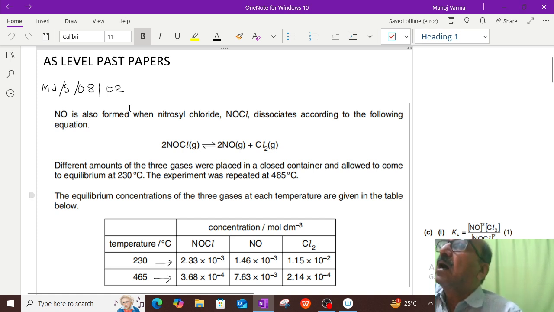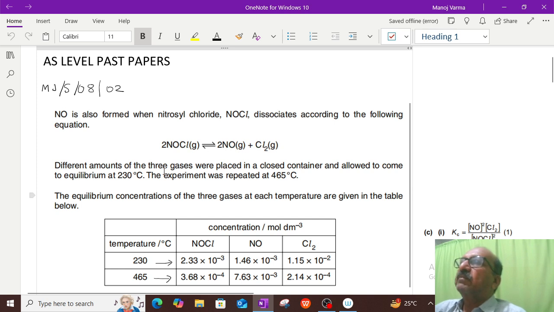Now if you read the question, NO is also formed when nitrosyl chloride dissociates according to the following equation. So nitrosyl chloride dissociates and NO is formed as one of the products along with chlorine.